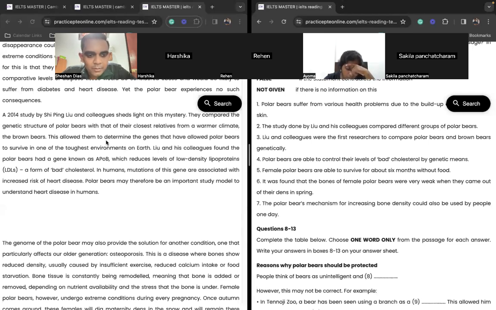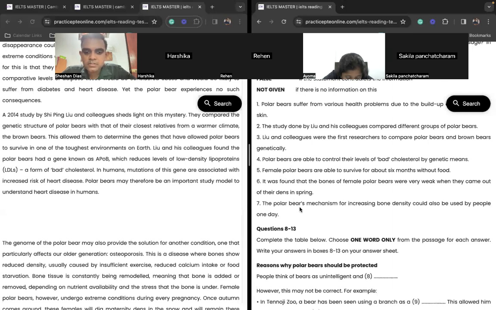They have compared the genes and they have compared polar bears and brown bears, but we had two problems. Problem number 1 was brown bears and polar bears. That part was here, not below that. So already we knew something was wrong, but we couldn't find this part, first researchers. Therefore, the answer is not given.